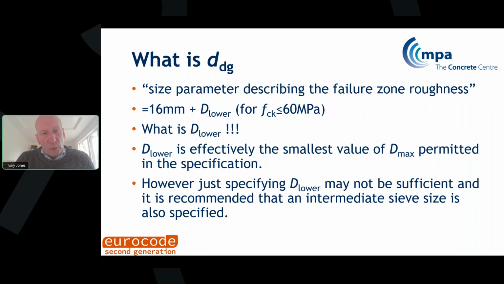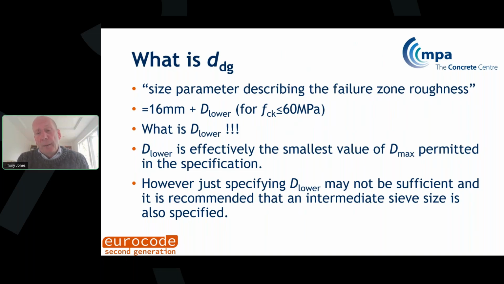D lower has always been there in EN 206, but in BS 8500, which is the UK implementation of EN 206, it's not so well covered. Basically, it's the smallest value of the maximum aggregate size that you're going to permit in your specification. So in the UK, typically, we wouldn't specify a range for our maximum aggregate size. We would say D max is 20 mm for a 20 mm aggregate, and therefore D lower becomes 20 mm.